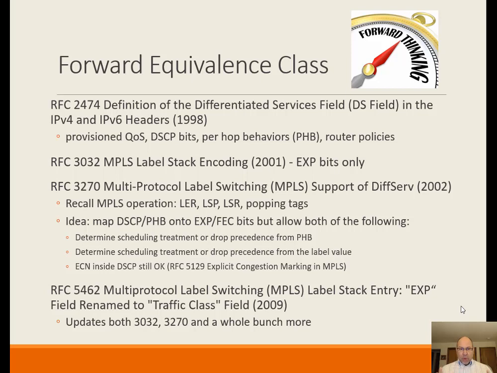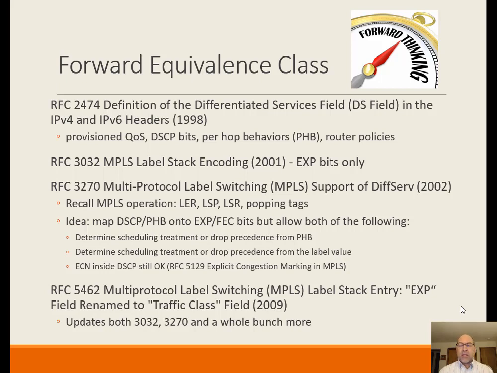And so there's a lot to unpack here. But remember that the EXP bits were there originally. The original thinking was that they were experimental, but the discussion was always going to be that they were for some kind of precedence or priority handling.